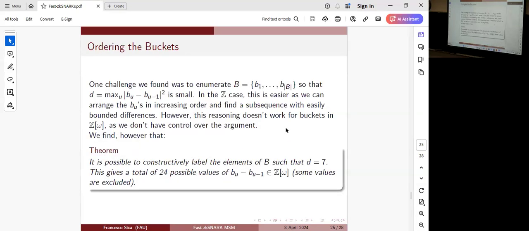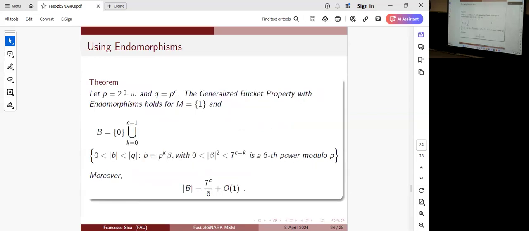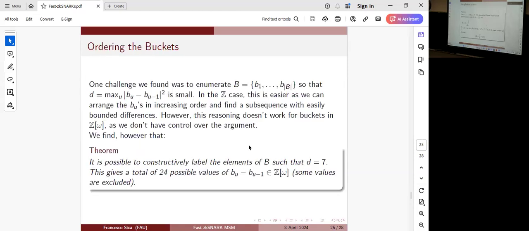So it looks easy, and in fact, what we should prove is not so hard, but proving it is technically more challenging, because we also need to order the buckets.